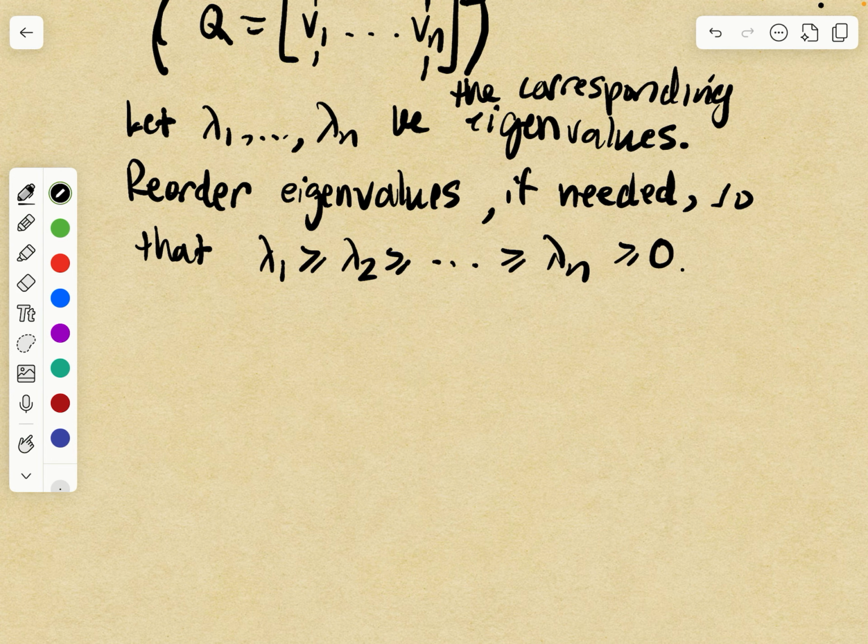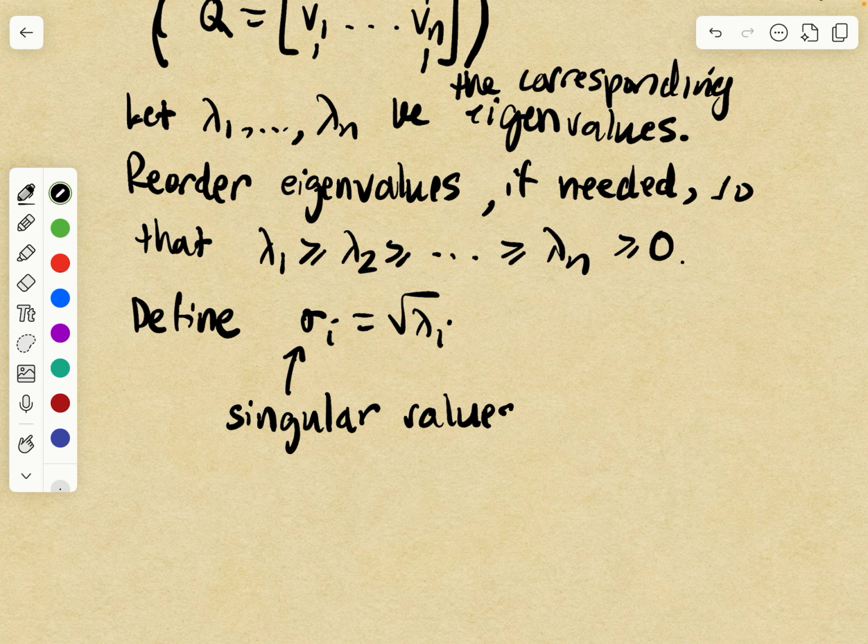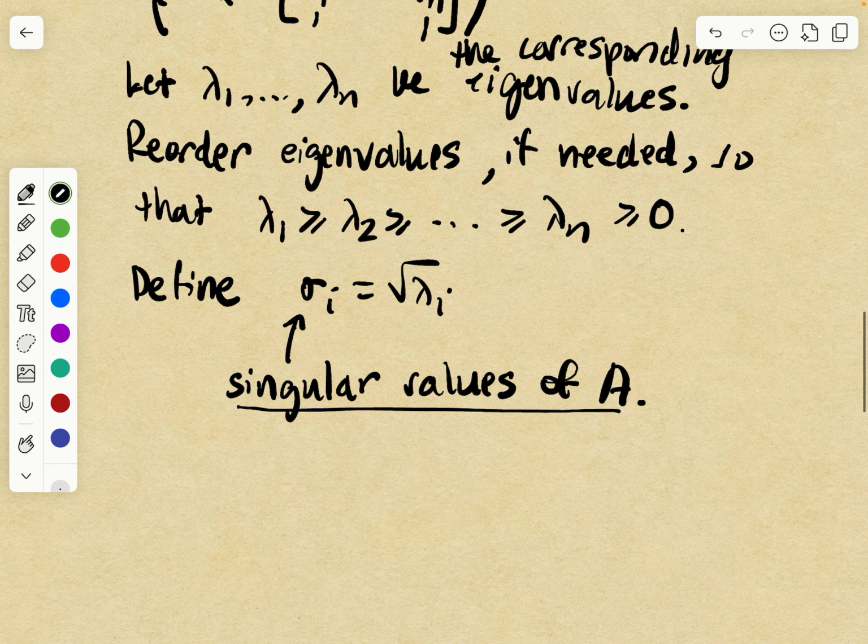Okay, so now we define for each i, sigma i to be the square root of lambda i. And these sigma i's are called the singular values of A. We've shown that this sigma i is the length, you can think of this as the length of A times v i.